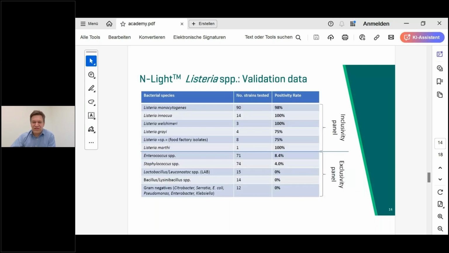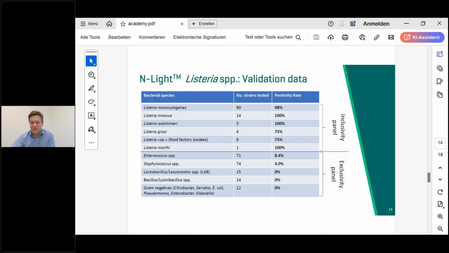So that I can show you that the test works, we did quite some experiments in the lab, also in collaboration with the Zurich University of Applied Sciences, where we had a joint project on this. You see here, we tested 90 L. mono strains of our strain collection, many of them coming also from food factories, and 98% of them were positive in our test.